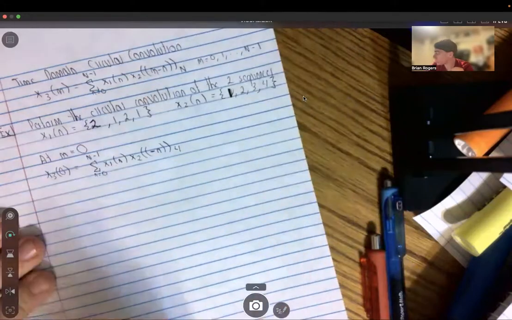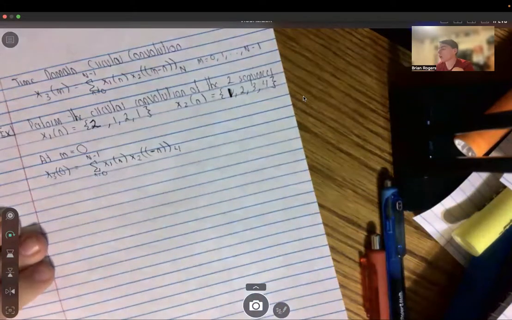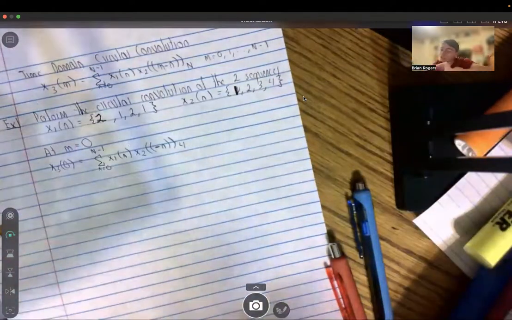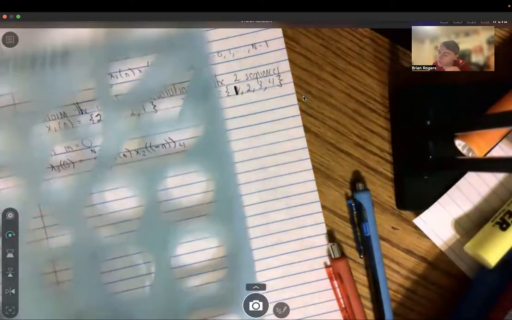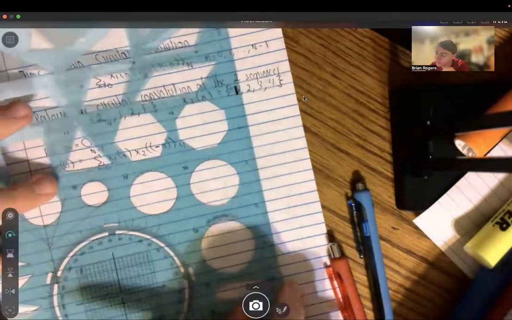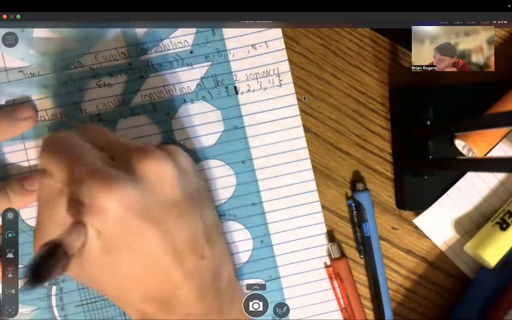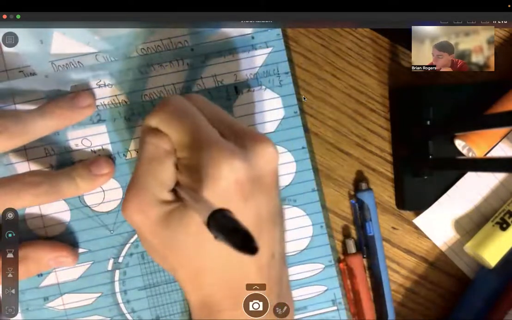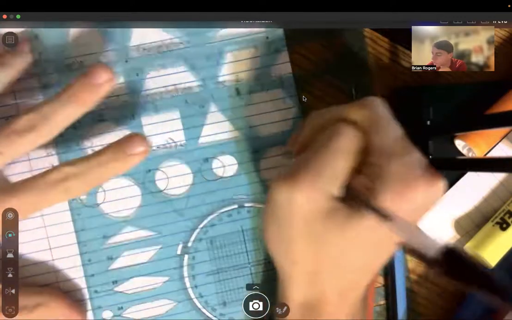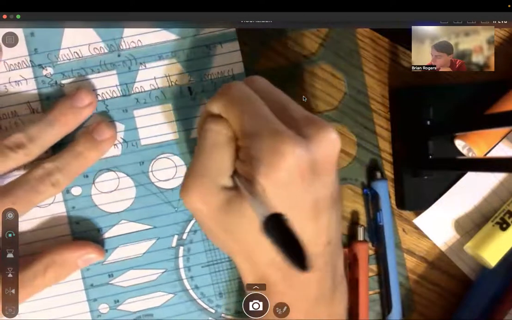When we do this specifically, when we draw the circle, we have to draw one for x1 of n, and then I'm going to draw one for x2 of n, but then one for x2 of minus n. So we're going to actually have by the end 4 circles, and you'll see why.